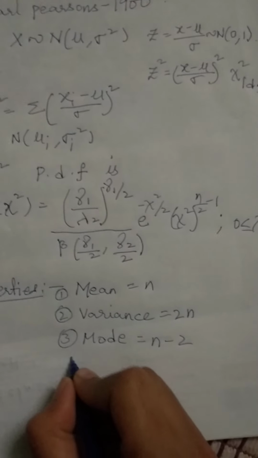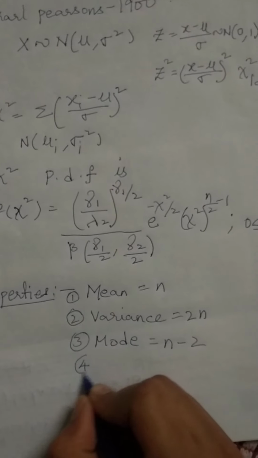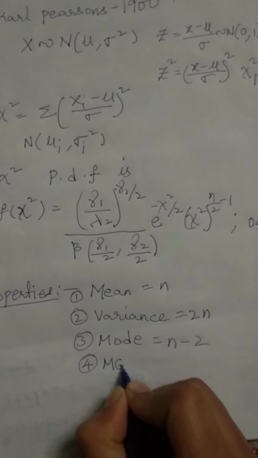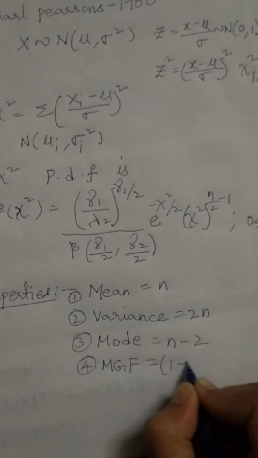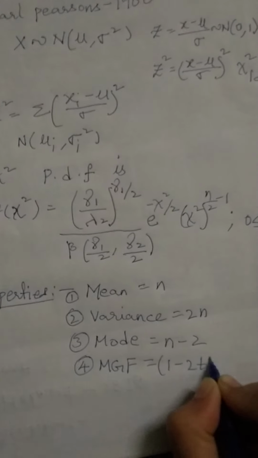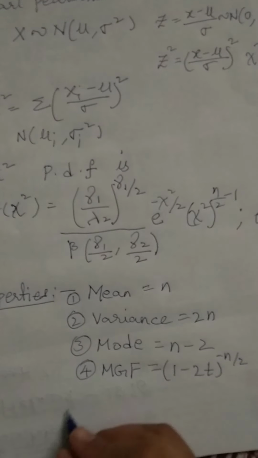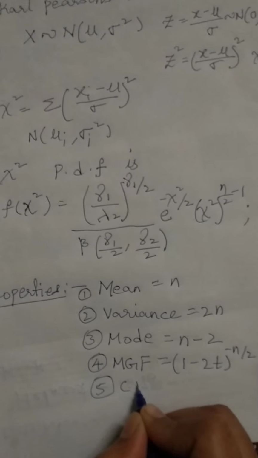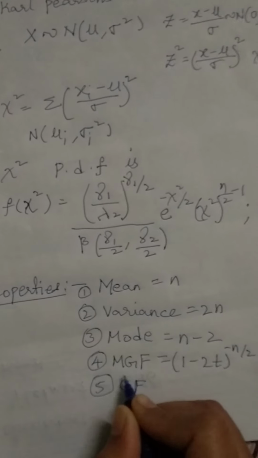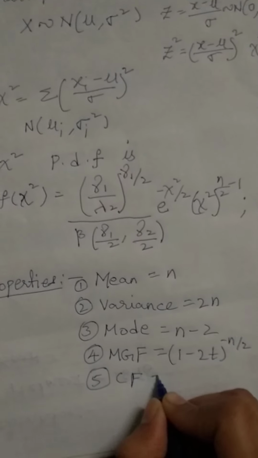And students, the MGF of the chi-square distribution is 1 minus 2t power minus n by 2. Then fifth is the CF, characteristic function. MGF is moment generating function, CF is characteristic function.